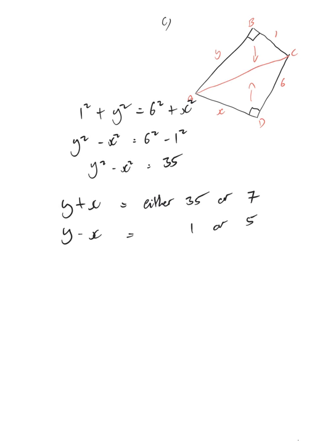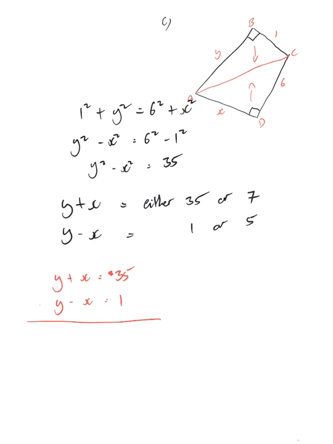So, let's now do our simultaneous equation. Let's do the first one, where we've got 35 and 1. I'm going to do this in red just so that you can see the difference. So we've got y plus x equals 35, and y minus x equals 1. Okay?